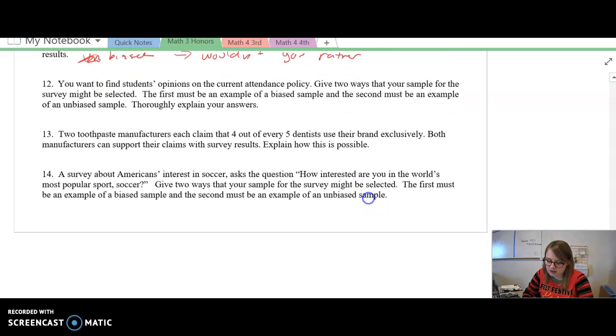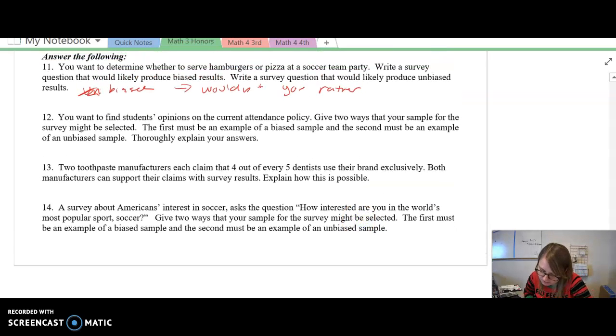All right. Number 12, you want to find students' opinions on the current attendance policy. Give 2 ways that your sample for the survey may be selected. The first must be an example of a biased sample, and the second must be an example of an unbiased sample. So a biased sample would be the students who are in the attendance office for being late.